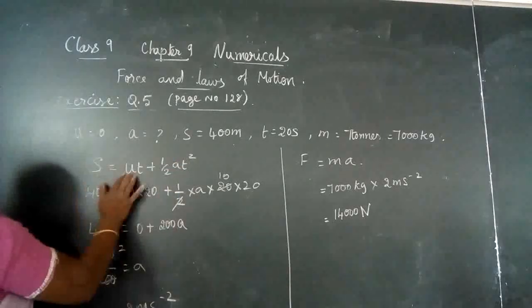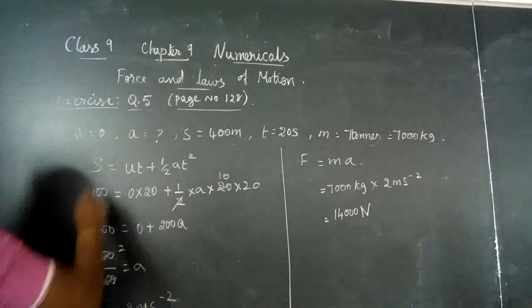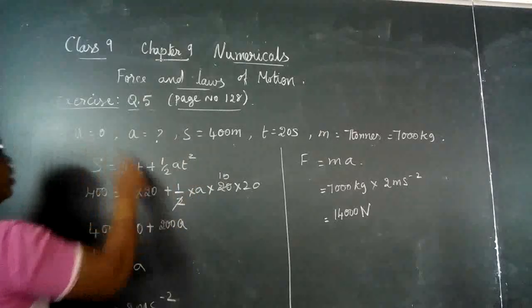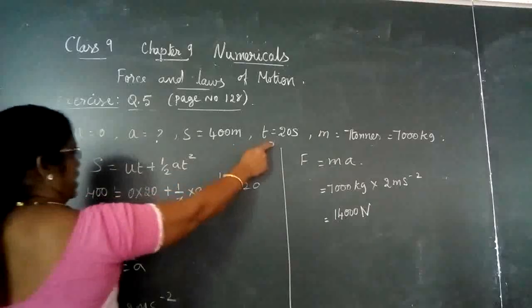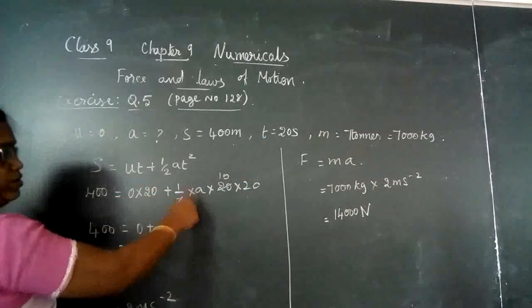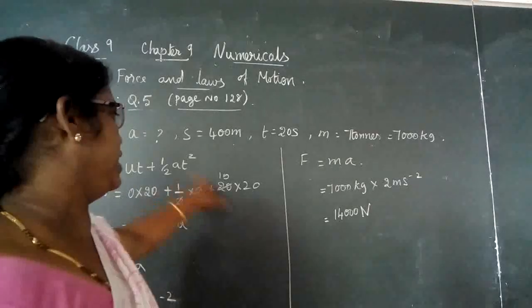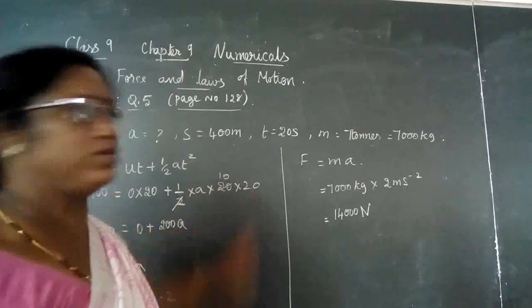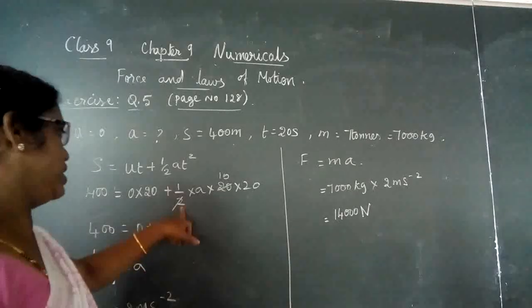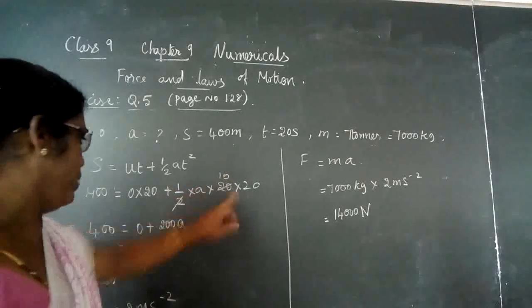Hence we can use this equation to find the value of a. So s is equal to ut plus half at square. s is equal to 400. u is 0 and t is 20 seconds, plus half into a, which we have to calculate, and t square is 20 into 20. You can cancel it with 2. 2 tens are 20.